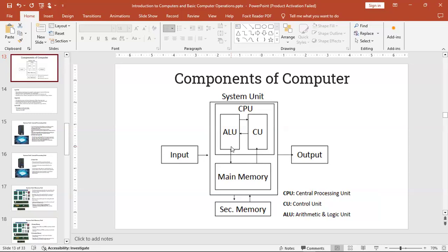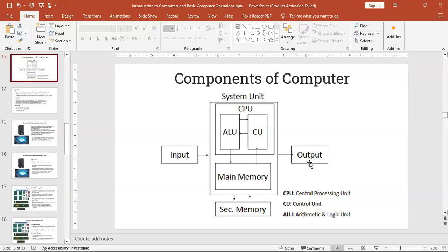The arithmetic logic unit performs the arithmetical calculations from the data or instructions that have been sent into it, and the control unit interprets and sends information to or redirects the other parts of the computer that are to perform the task that was assigned to it. So now let's look at the second part of the system unit.